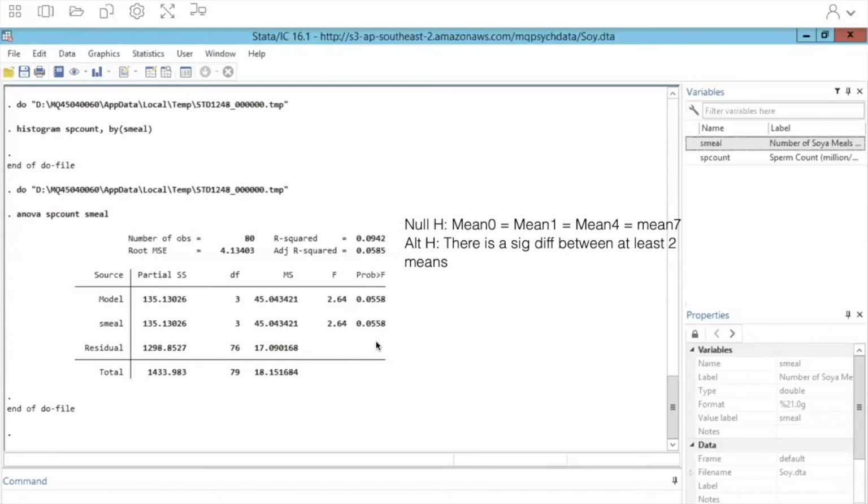Now, the last thing I want to do before I demonstrate another way to perform a one-way ANOVA is just let you know how we get to this F statistic here. So you can actually come to this answer from the information in this table. So let's say, for example, on a quiz or an exam, you're only given this information and you're not given the F statistic.